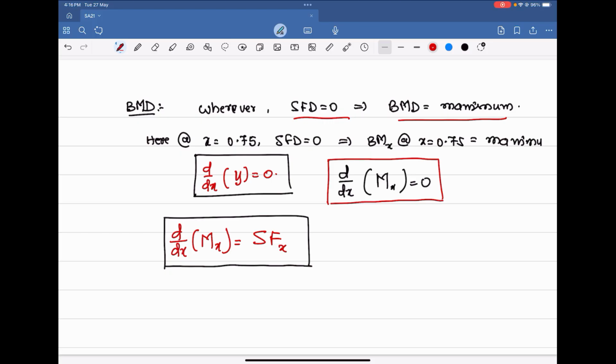Now, next is, we have to find where bending moment is going to be 0. That means where bending moment is going to change its sign. What is the bending moment? When you integrate shear force, integration of shear force is equal to bending moment plus some constant of integration.